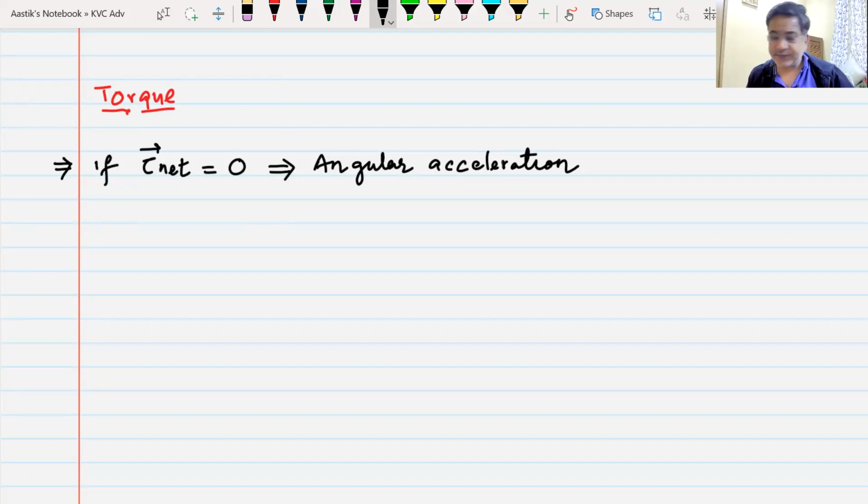It will rotate and its angular velocity will keep on changing constantly. Do we understand this? Yes, sir.